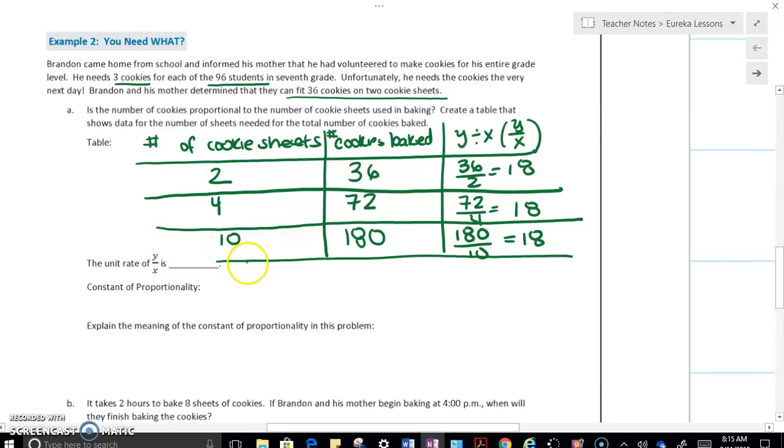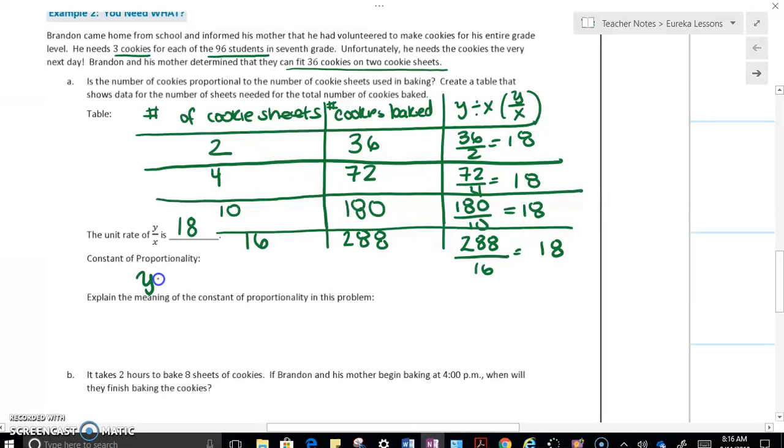And last but not least, let's say 16, because I want to try one more. I'm going to get 288 cookies. And I can see I'm going to get 18 cookies per sheet still. So the unit rate of y divided by x is 18. And once again, our constant of proportionality is k equals 18.